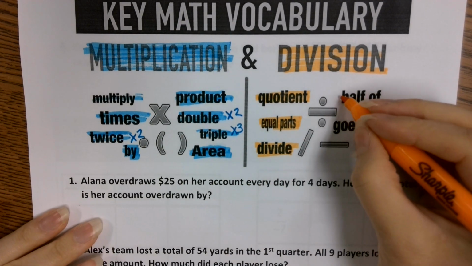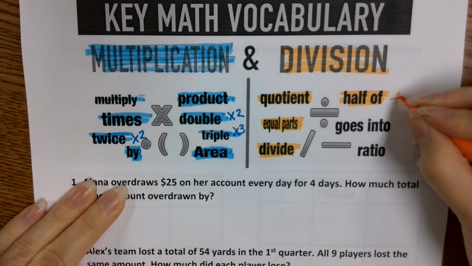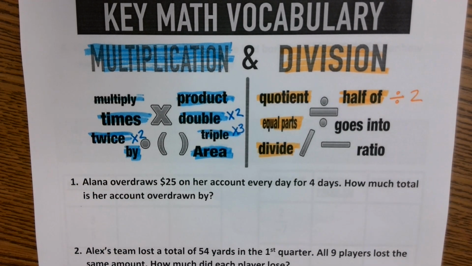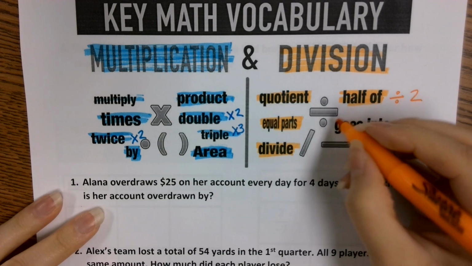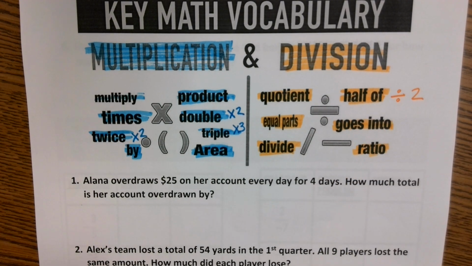If we take half of something, then we're dividing it by 2. Just the same as if we take a third of something, we're dividing by 3. A fourth of something, we're dividing by 4. If it goes into, how many times does this go into that? That's a division problem. And then when we're talking about ratios, ratios are set up as a division problem. Hence the fraction. Fractions are your common ratios.